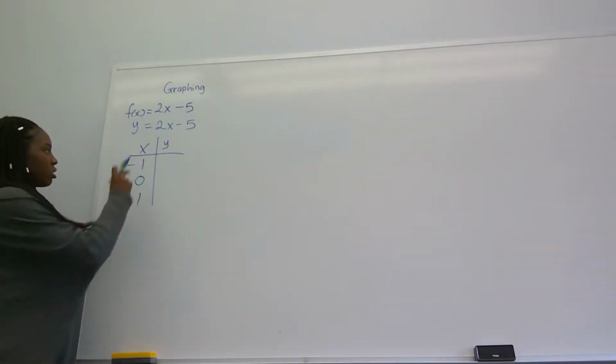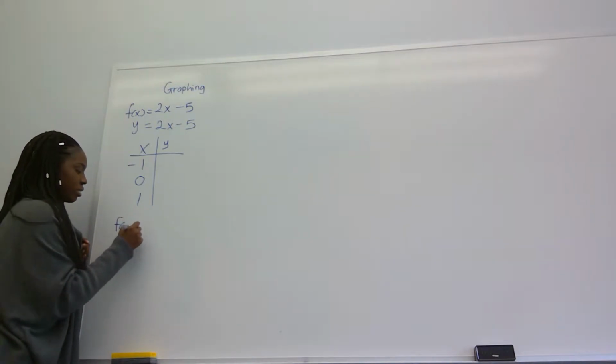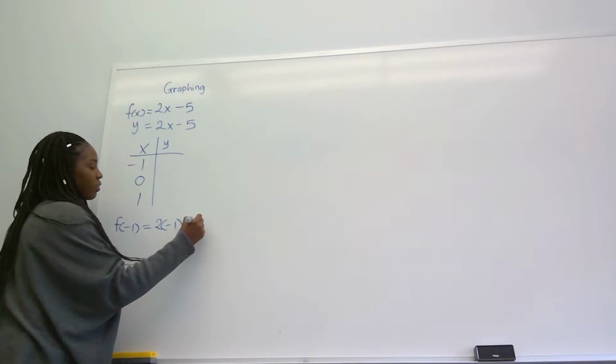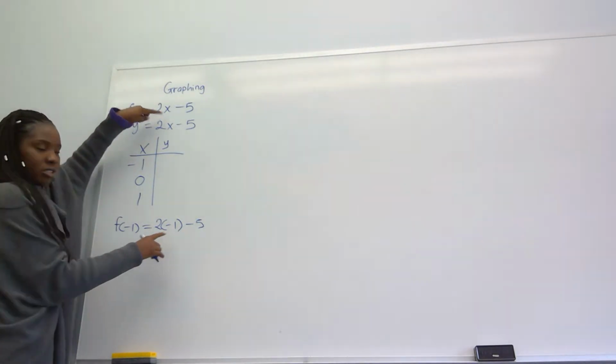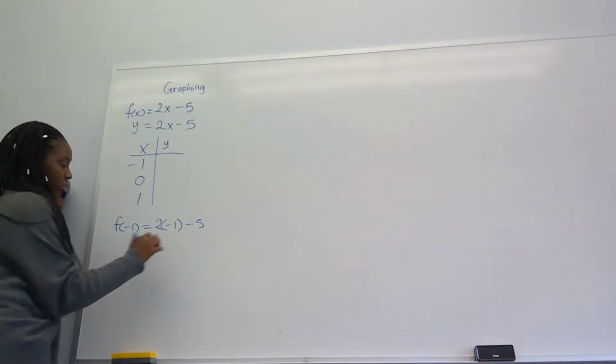So when x is -1, f of x is 2 times -1 minus 5. I plugged in my -1 for x. I just substituted it. So instead of x, I have my -1 in here.